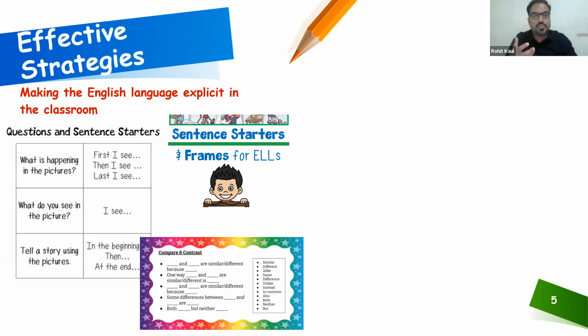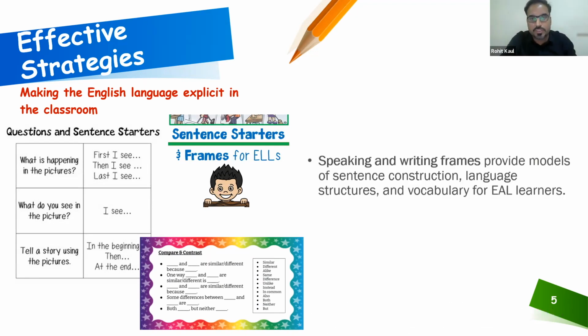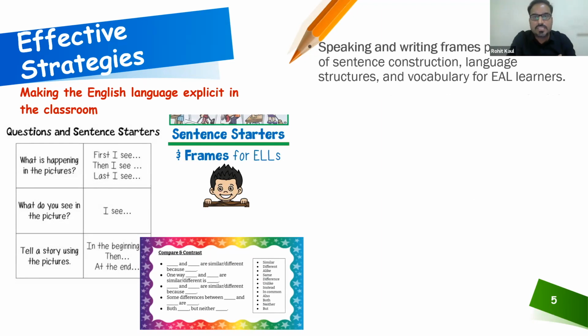this will help them to further build from there, and they can start writing on it, because these are very important tools which help them in sentence construction and language structures, and give them vocabulary, because the most important part is the vocabulary, how they will express.